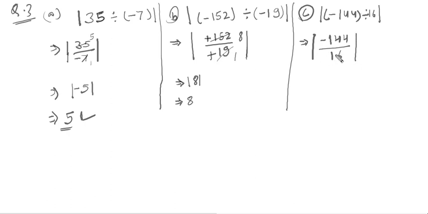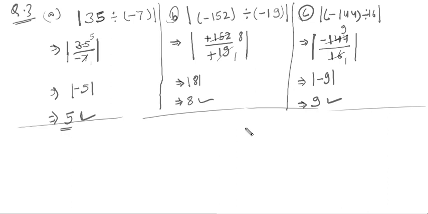When you cut it, it will come 9. 16 ones are 16, 16 nines are 144. So here it is minus 9. When it comes out of this determinant bracket, it will become positive. So that is your answer. Minus will become plus.